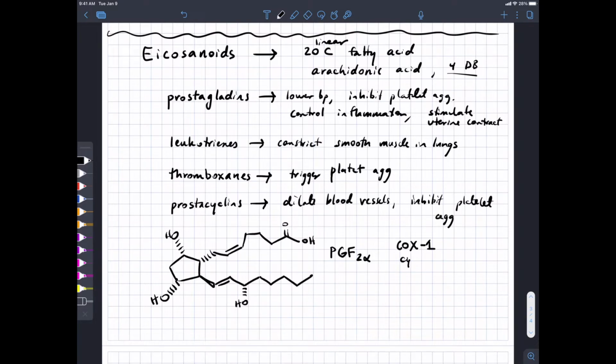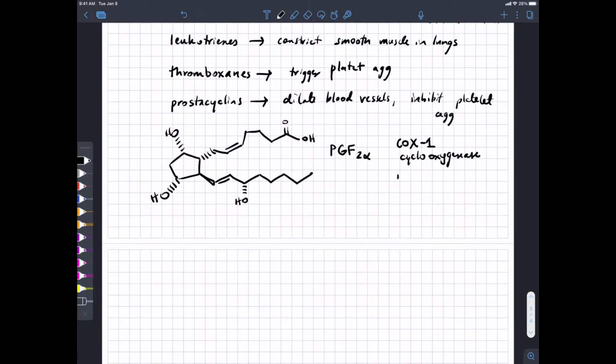It's called cyclooxygenase 1, because it's involved in oxidation and making the ring. And cyclooxygenase 1 is inhibited by the non-steroidal anti-inflammatory drugs, particularly aspirin and ibuprofen.